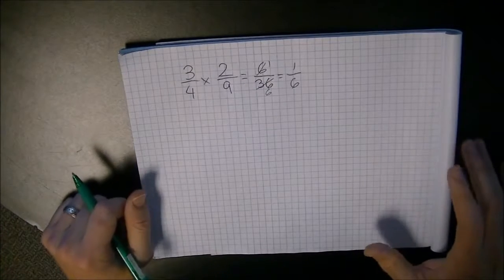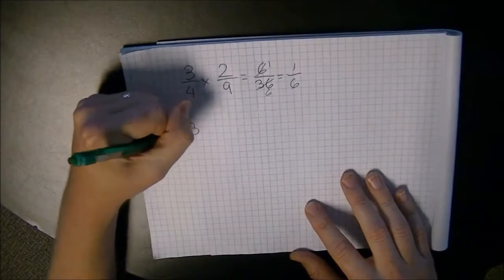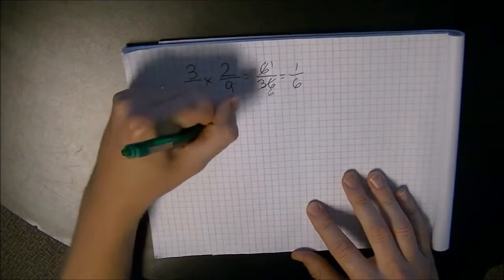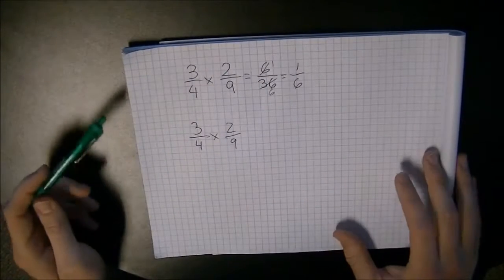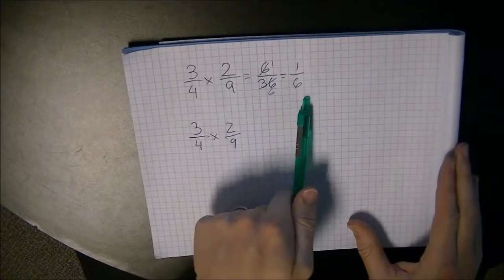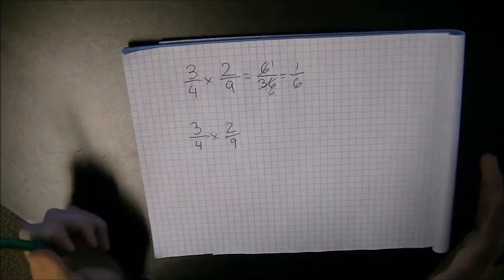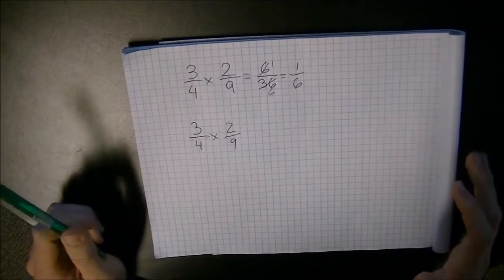There's another way that's a little bit quicker. Okay, so I'm going to set this up again: 3/4 times 2/9. Now on a test, I am looking for, do you get the right answer? So the way that we have here is fine, but it's not the fastest way. So this is a better way that I'm going to show you.